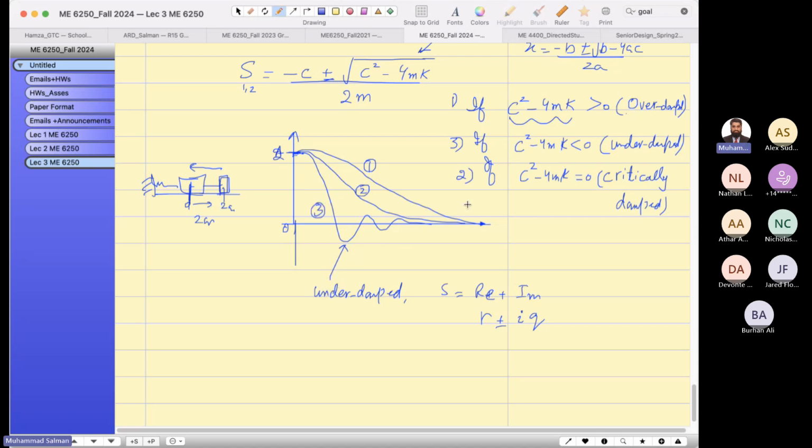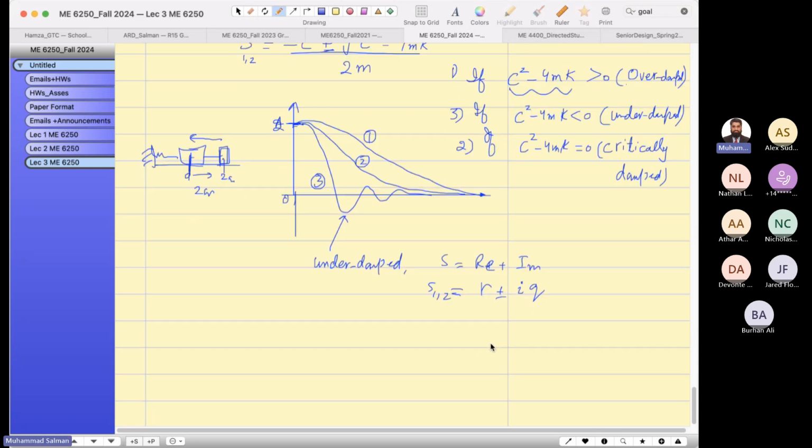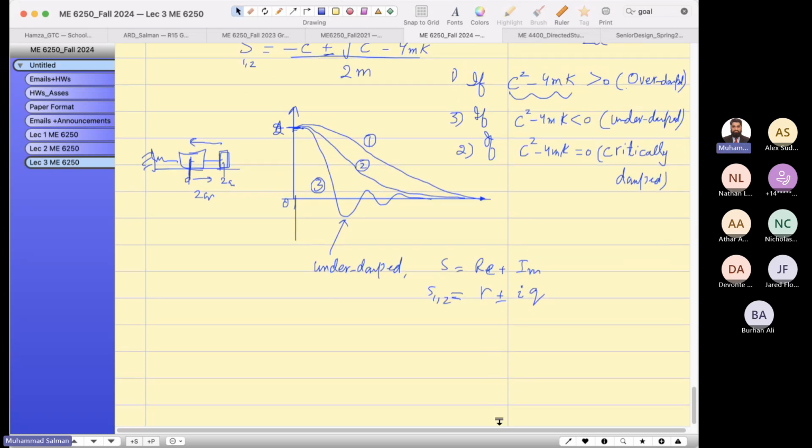Yes, this is correct. In the underdamped case, you have complex roots.